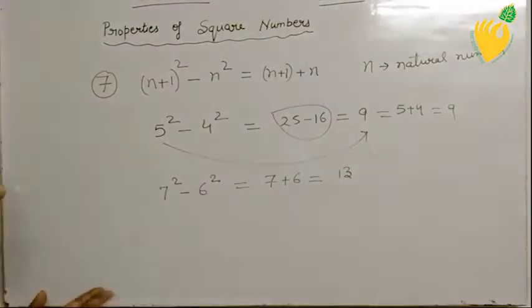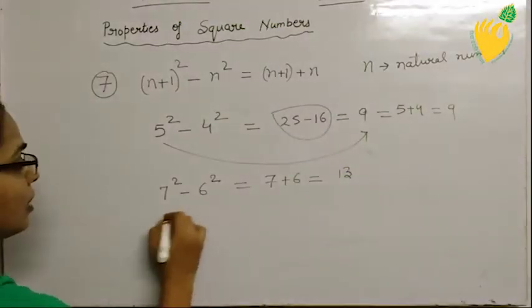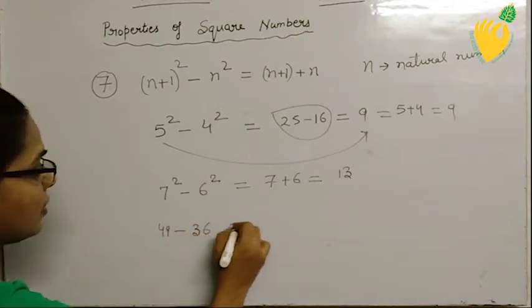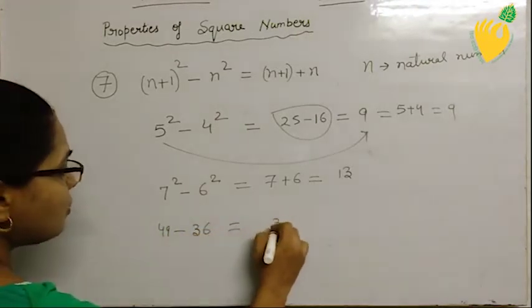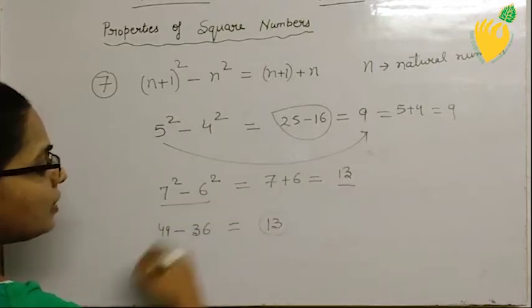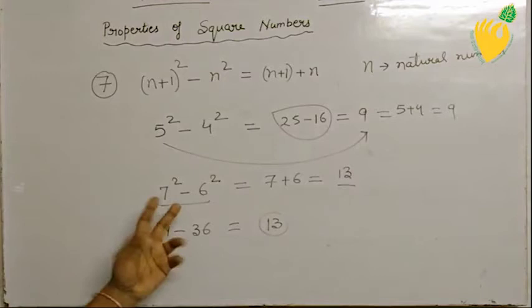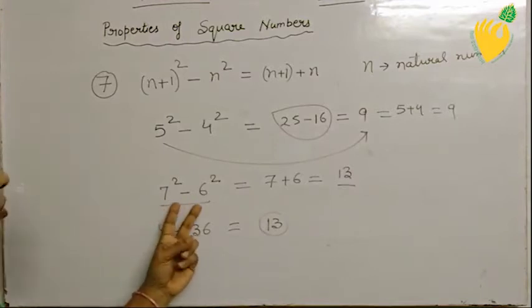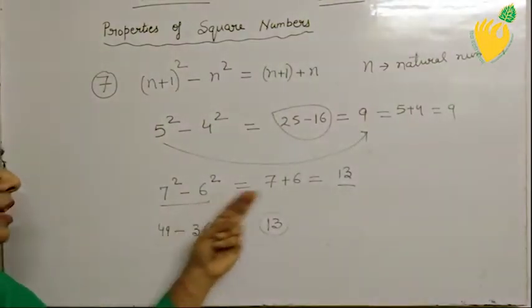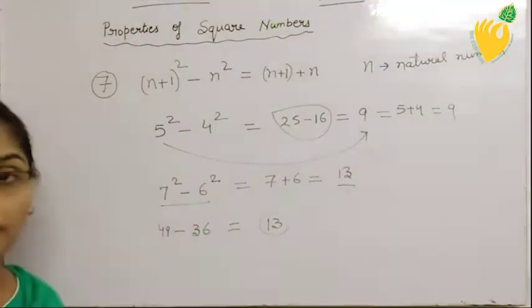If you want to check this, students, you can check it also. What is 7 square? 49, minus 6 square is 36. 49 minus 36 is 13. So you can directly write that the difference of the squares of two consecutive natural numbers is equal to the sum of those numbers.